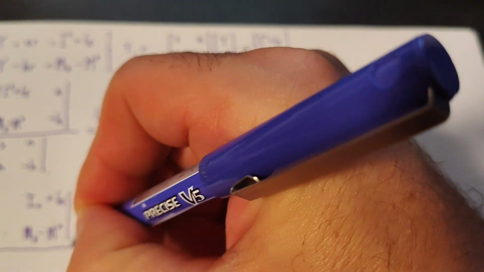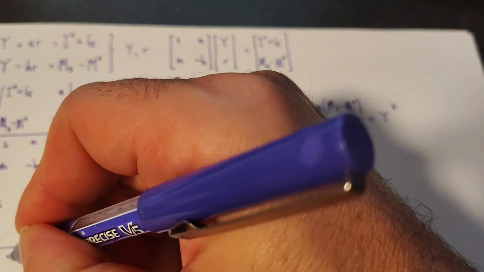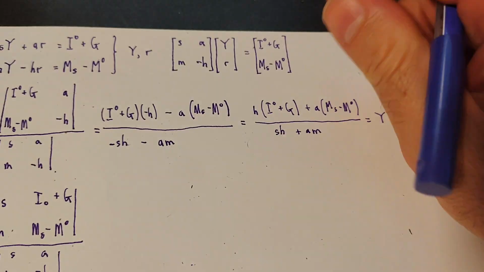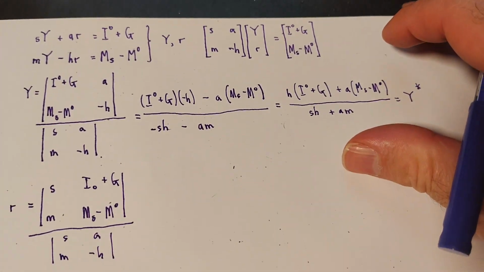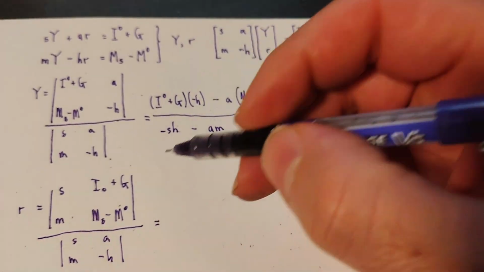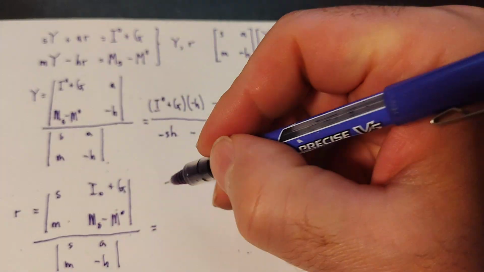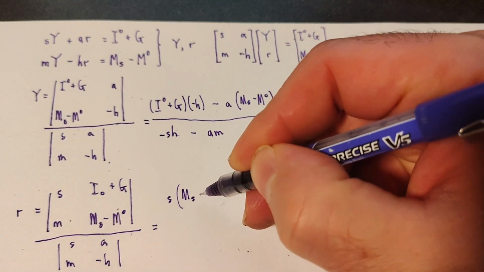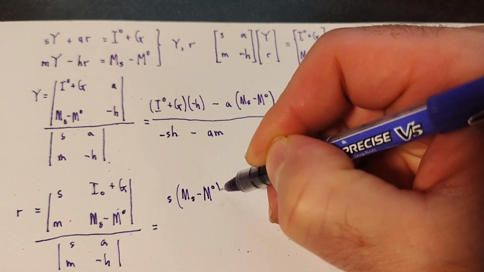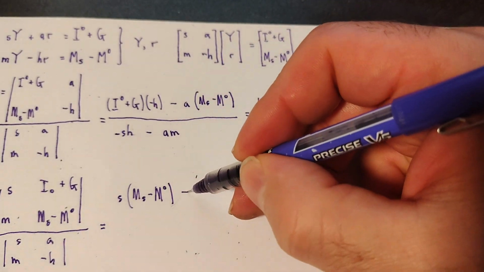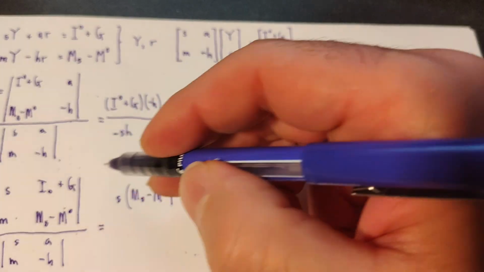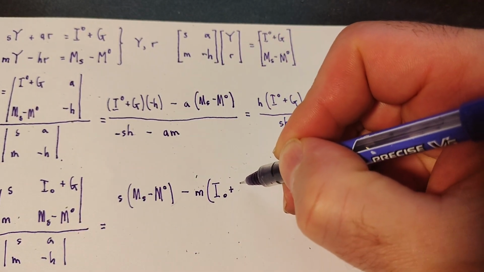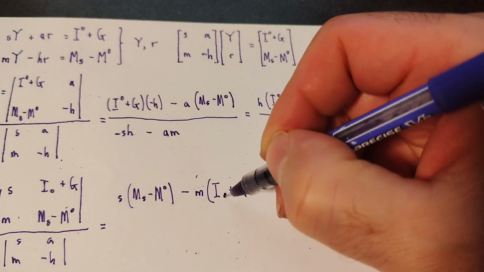And we're going to divide again by the same determinant, S, A, M, negative H. And that's going to give us, just take the determinant, so it's S times MS minus M naught minus M times I naught plus G. Sorry, I think this was supposed to be up here.